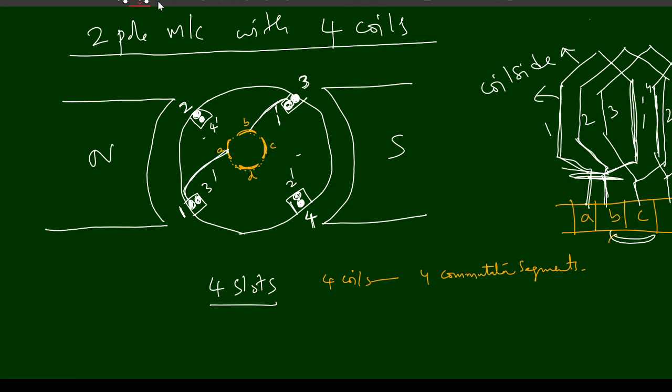Next, 2 is connected to B, and 2 dash is connected to C. Next, 3 is connected to C, and 3 dash is connected to D. And 4 is connected to D, and 4 dash is connected to A.